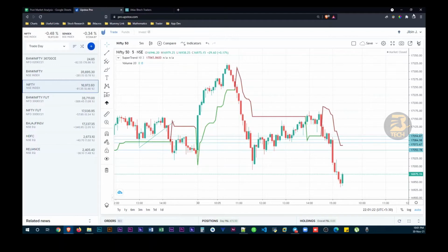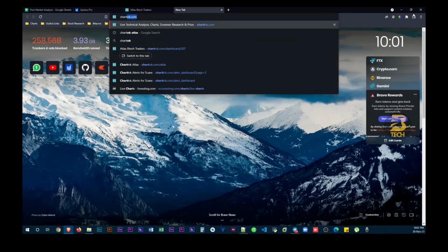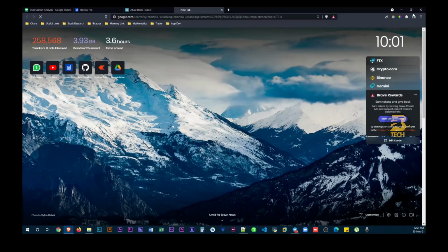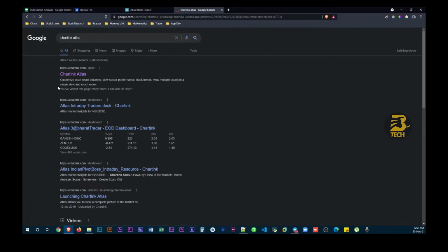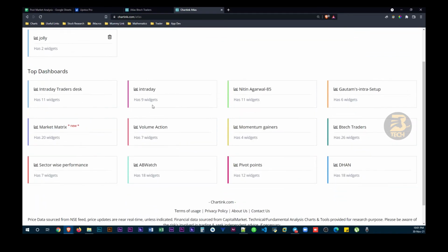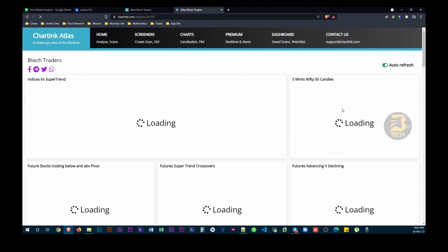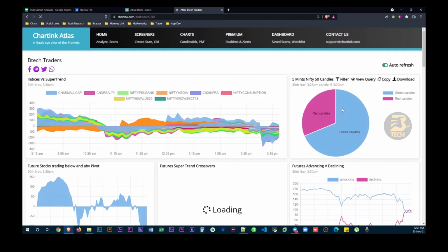Go to Google and search for Chartink ATLAS, and click on the first link. That will redirect you to this page. It shows the top dashboards. Here you can see a dashboard named BTech Traders. This is one of our publicly available dashboards that anybody can use to predict these movements very easily.